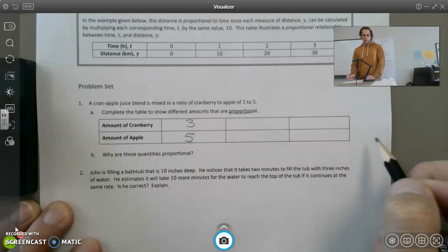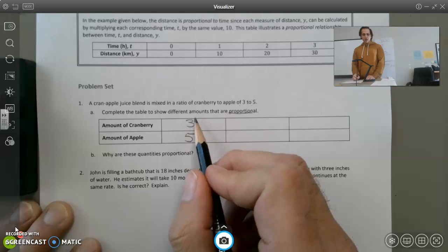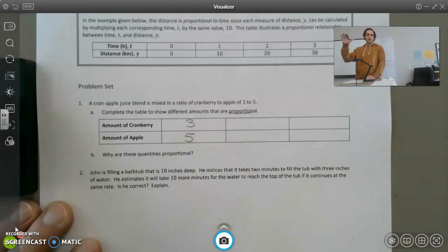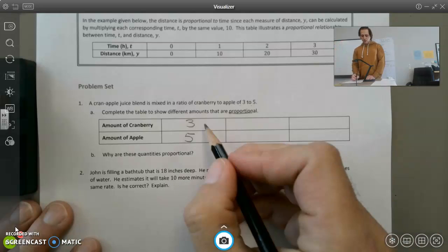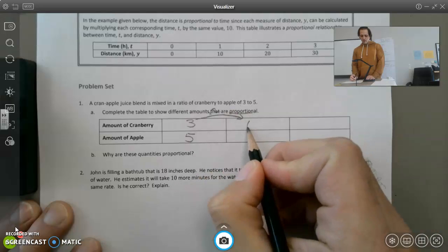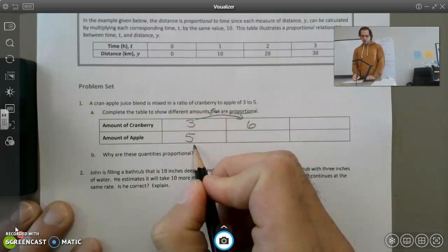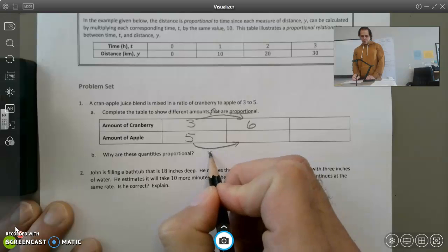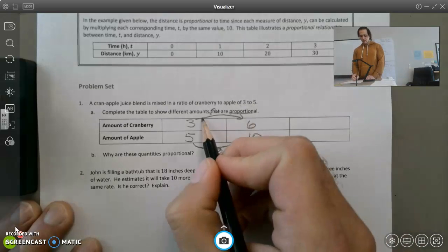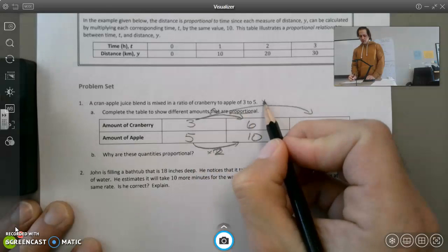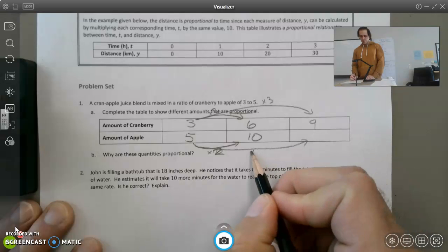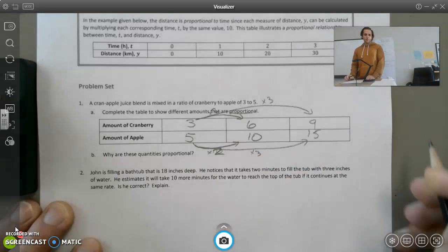I would just scale this up to create this table, because we know that proportional relationships scale up at the same rate. So if I want to double this, times 2, then I would get 6 cups of cranberry and 10 cups of apple. And if I want to triple this, I would get 9 cups of cranberry and 15 cups of apple.